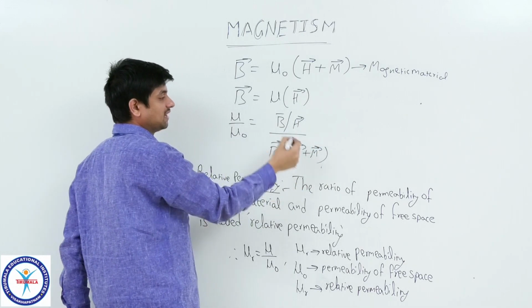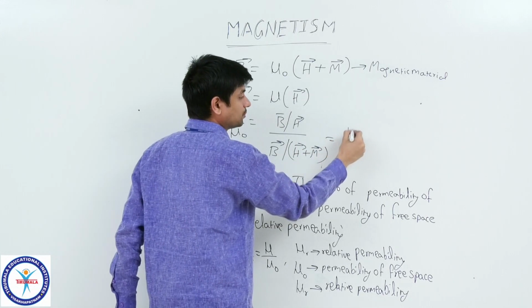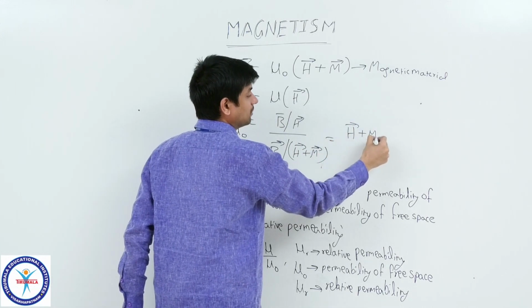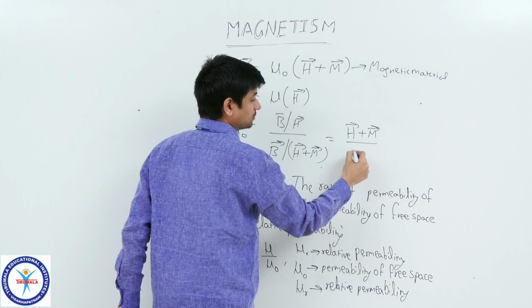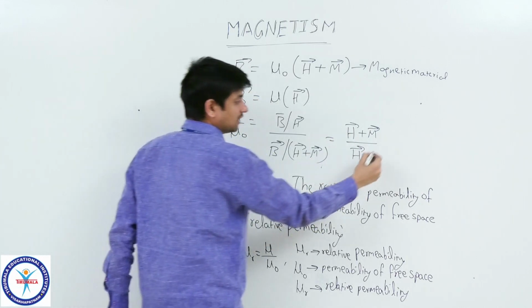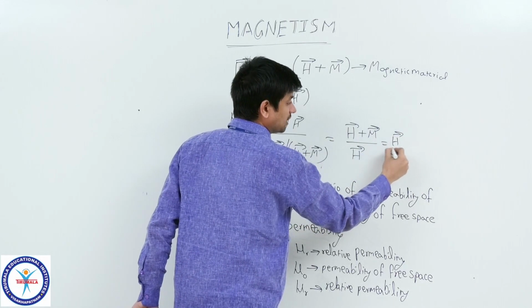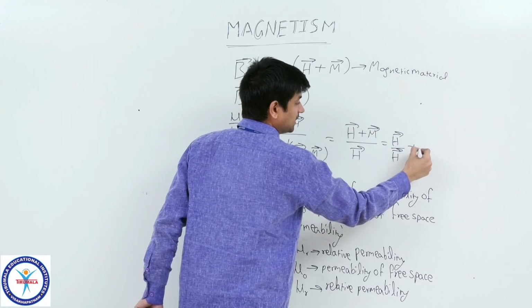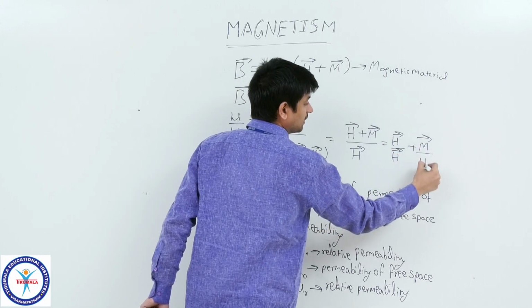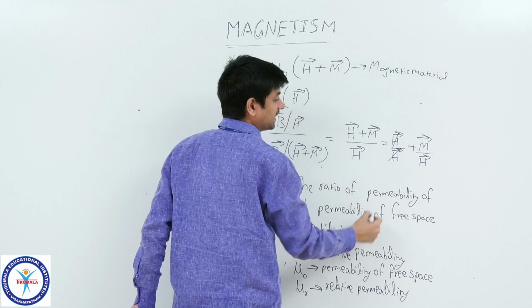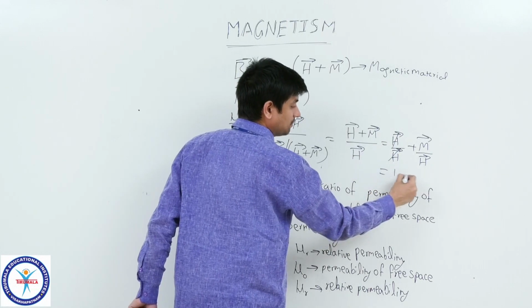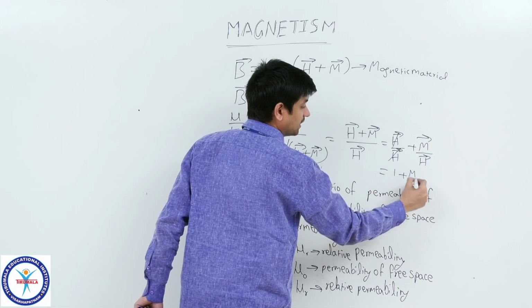Now what happens? B's get cancelled and this will be reciprocated, H bar plus M bar by H bar. So if you solve, it gives you H bar by H bar plus M bar by H bar.